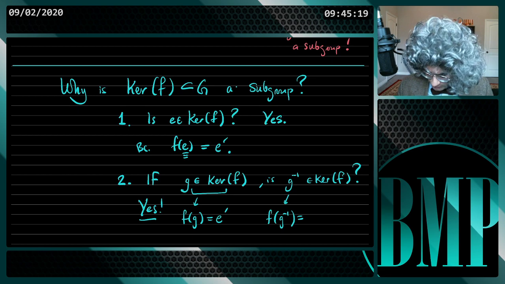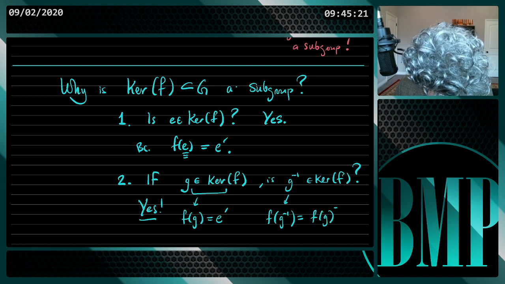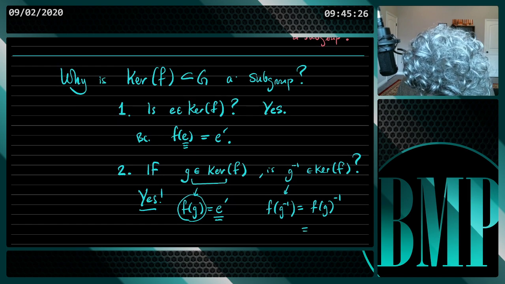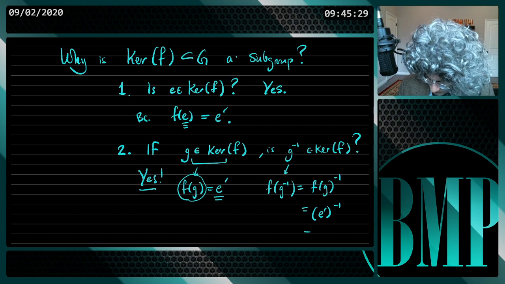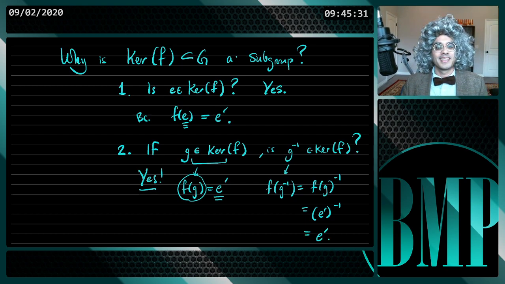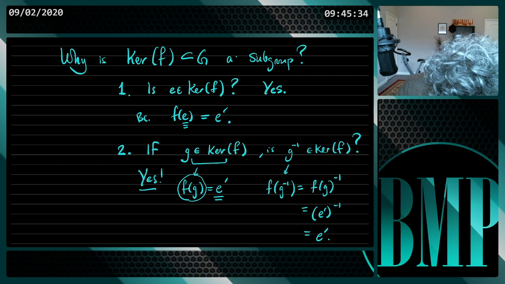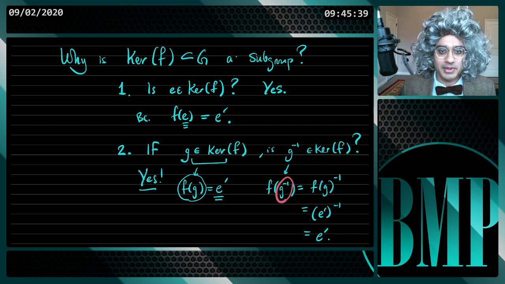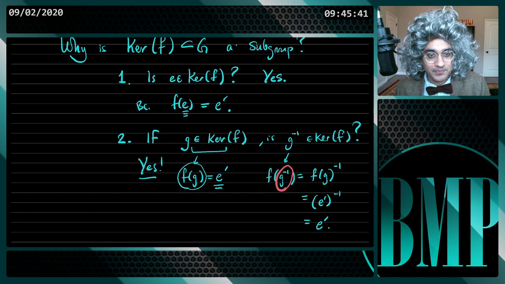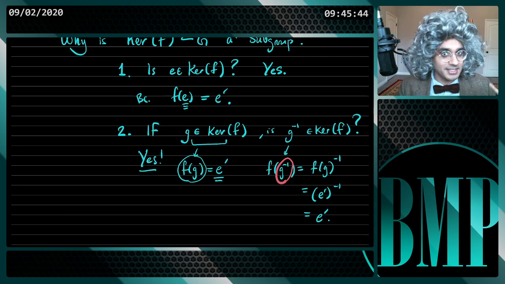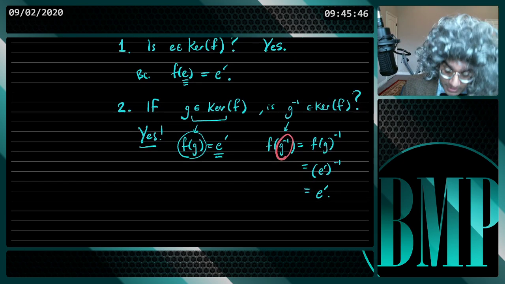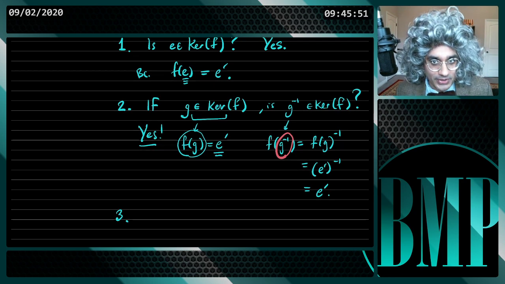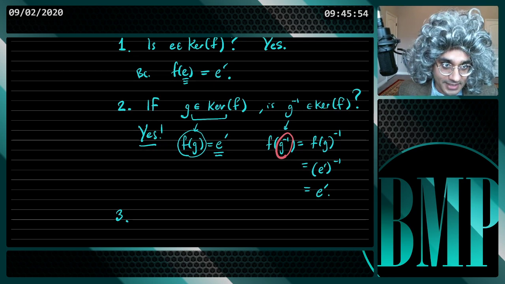That's the second fact we proved today. Which, by hypothesis, is the inverse of the identity element, which is of course the identity element again. So g inverse, in other words, is also killed by the homomorphism f. It's also sent to the identity. So g is in the kernel implies g inverse is in the kernel. Wonderful.